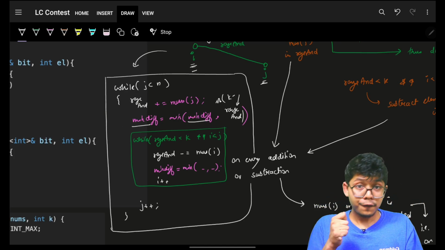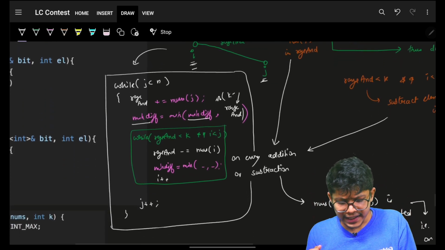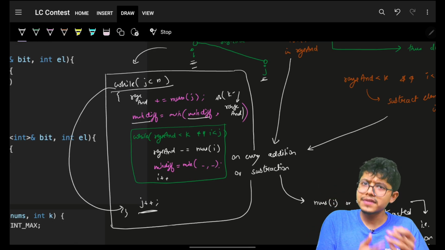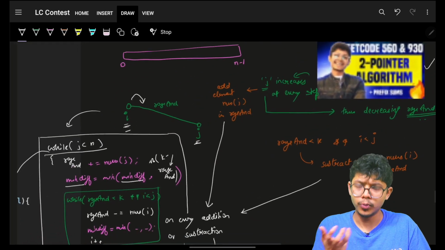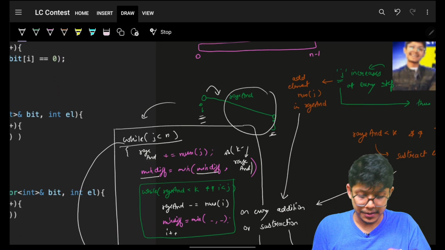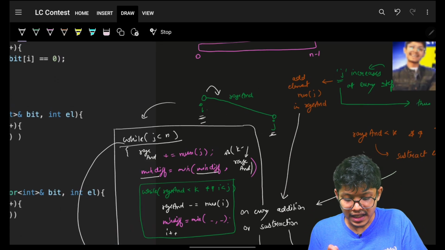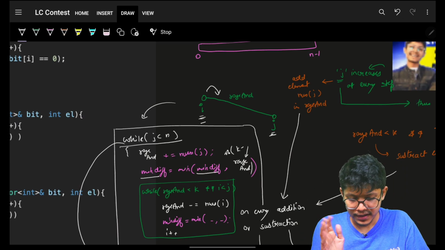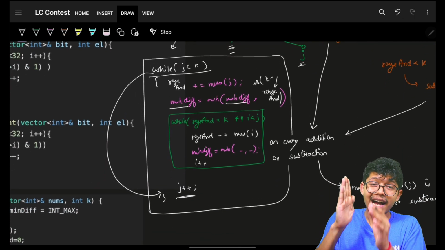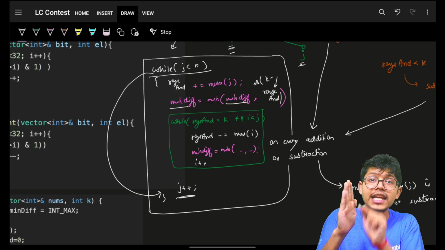Now, you know that at every step, you always increment your j. But we also have seen in the simple sliding window or two-pointer that if we surpass our condition, then we keep on shrinking our i. At what point will I shrink my i? Again, we know shrinking i will increase my range AND.